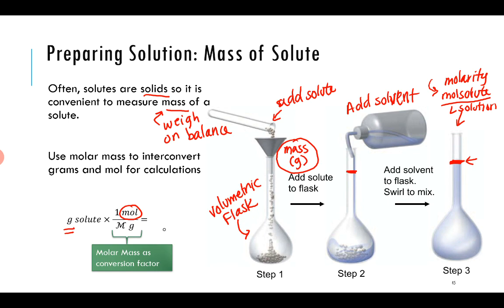That way I can figure out my moles of solute. And to do that, I need my molar mass. Every time we need to use or convert between the units of grams and moles, I have to use my molar mass as a conversion factor.